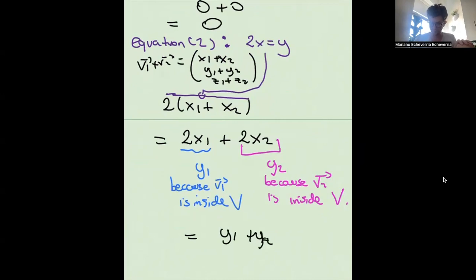That says that 2 times the x coordinate is the y coordinate, and that's essentially what you have to check for equation 2. Is that making sense?